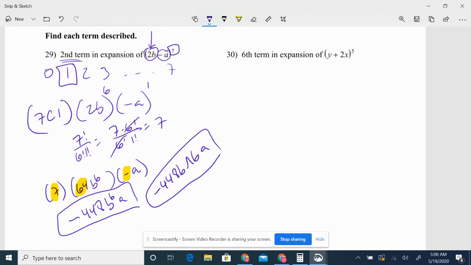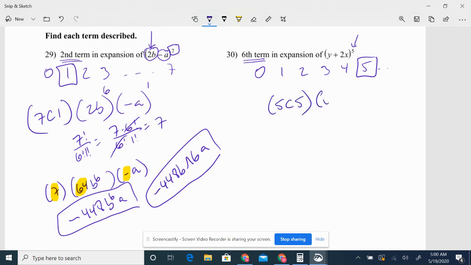All right, let's do the binomial theorem again. Starting at 0, I'm going to go up. I'm going to start counting: 0, 1, 2, 3, 4, 5, on and on. I want to know which one is my sixth number. Using this 5 up here, my first number is going to be 5 choose 5.